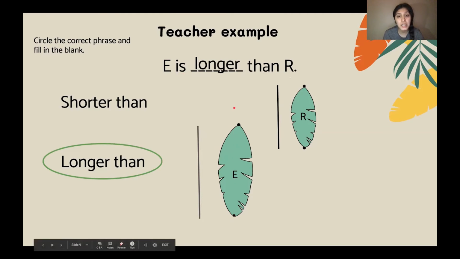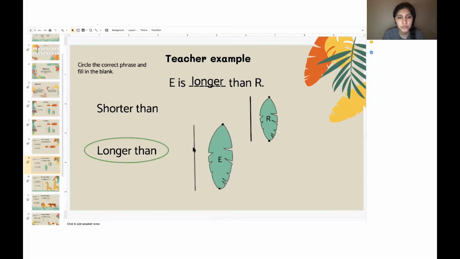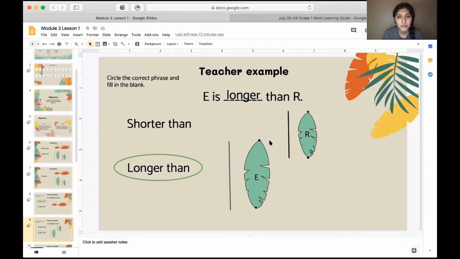And E does look a lot longer than leaf R. And if we want, we can even measure it. We can have the measurement of leaf R like that and see this one's shorter and this one's longer. So leaf E is longer than leaf R.